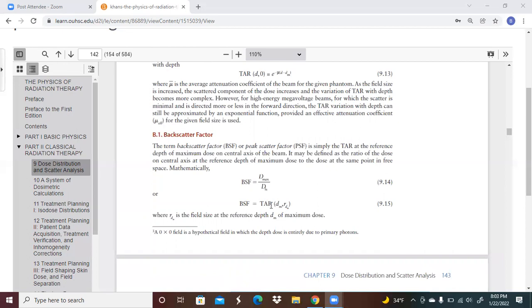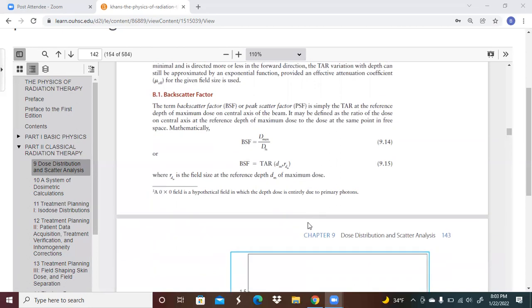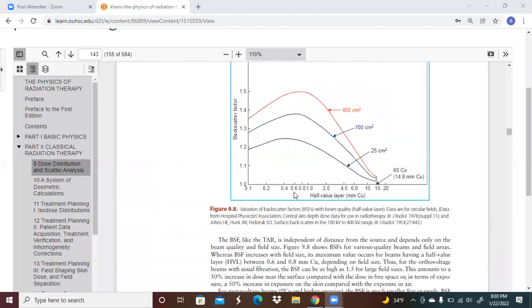And this is another way to symbolize that. This is going to be the field size at that reference depth. This is going to be independent of the distance from the source and depends only on the beam quality and the field size. So you can see here the backscatter factors for various quality beams and field areas.